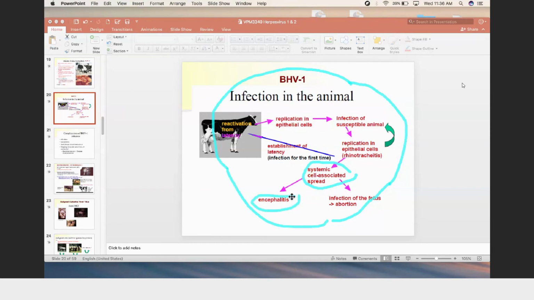Same thing in horses. Equine herpes virus 1 also causes encephalitis. Abortion, yes, abortion here. EHV1 causes abortion, same with BHV1. Cell-associated, yes, EHV1 is the same too. So the difference is more towards species. Because with horses, we're talking about running. Cattle, we're talking about producing meat and milk, not for running.